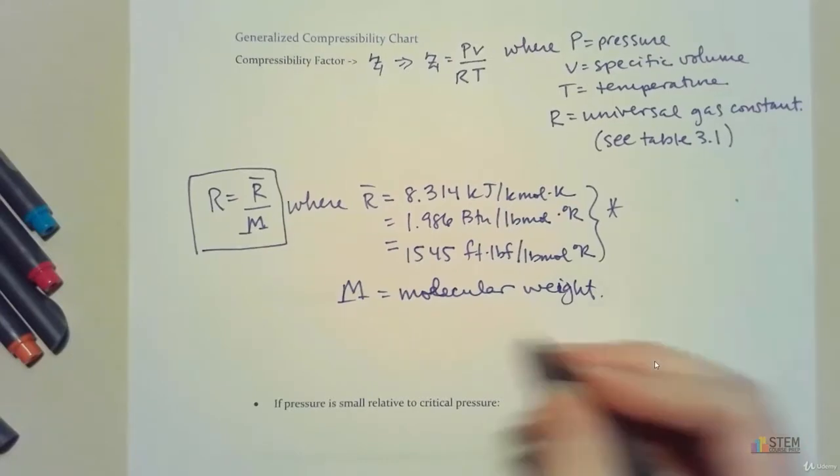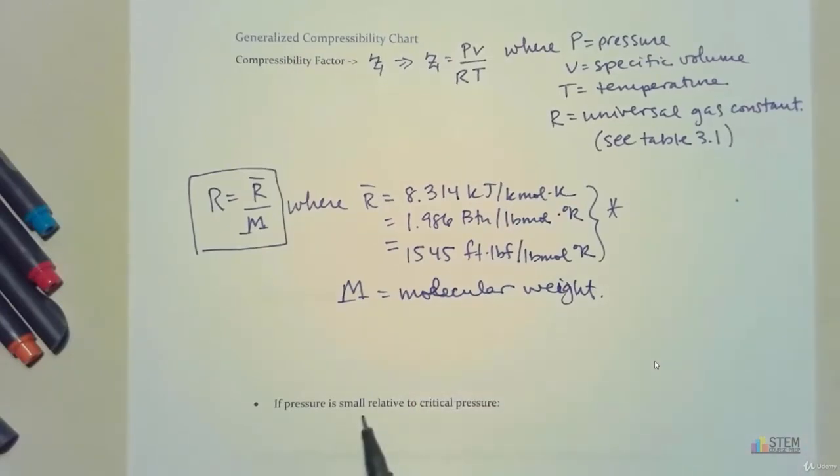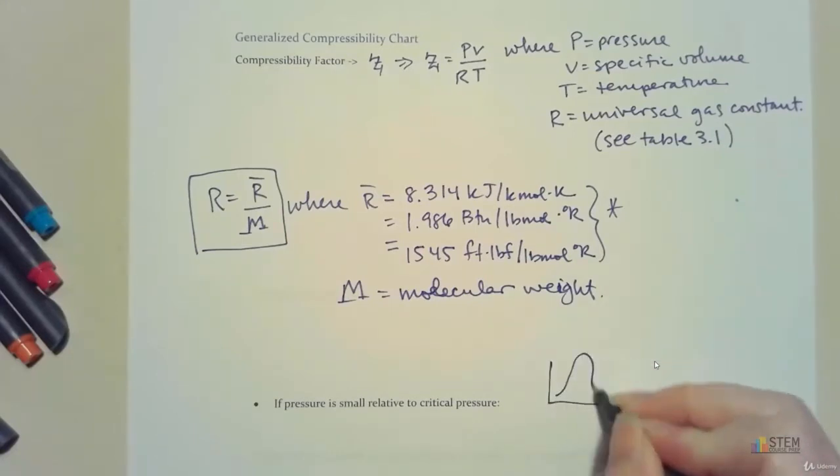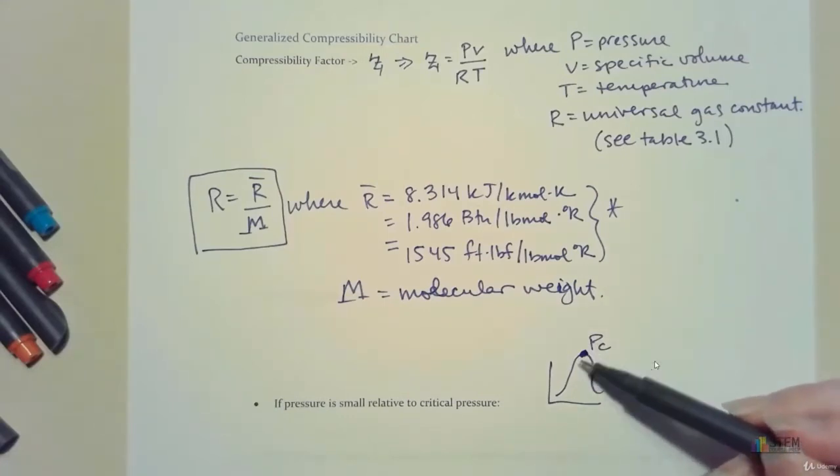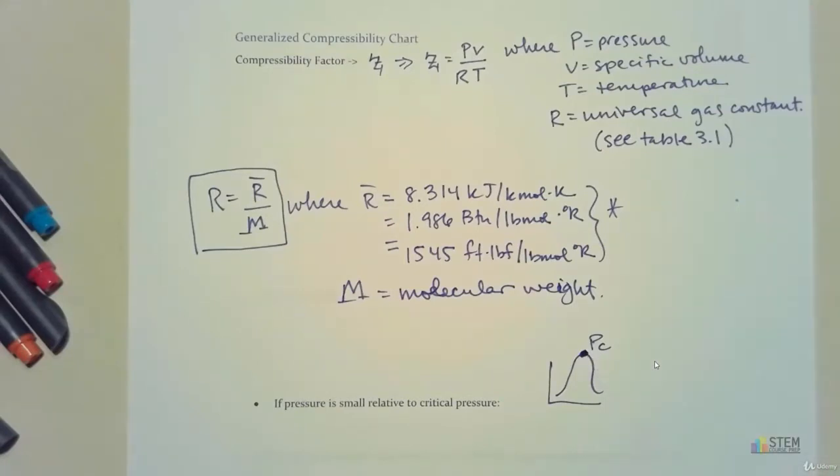Now, if our pressure is small relative to the critical pressure, remember the critical pressure was the pressure at the top up here, the highest pressure we could have and still have the liquid and vapor together.